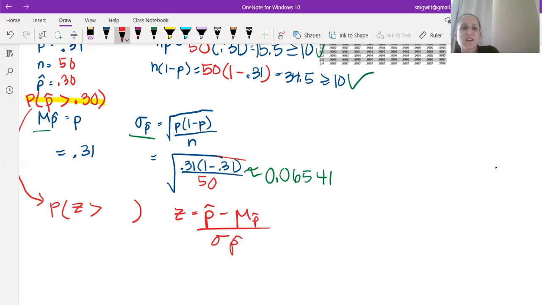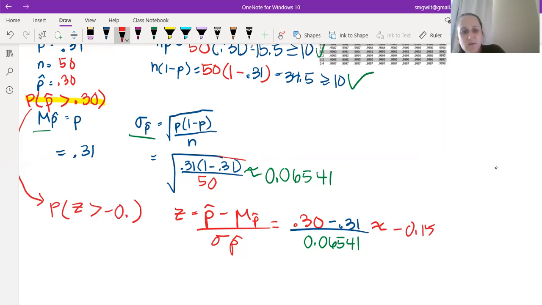So we've got 0.3 is p hat, minus 0.31 is the mean of p hat, and then divided by the standard deviation of p hat, 0.0654. Remember that our z-table always has 2 decimal points, so that approximation is negative 0.15. So I want to find the probability that the z-score is greater than negative 0.15.